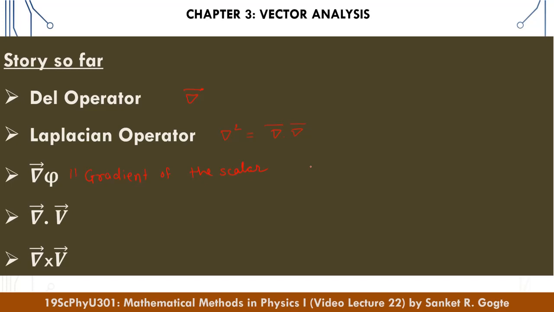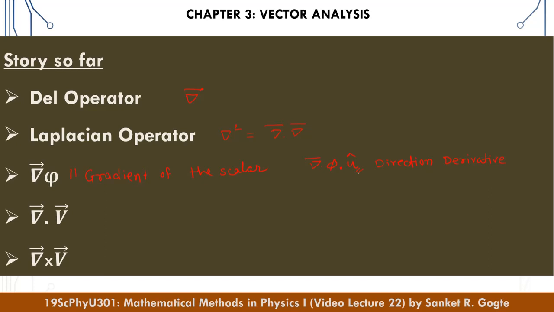Then we also saw that when we take the dot product of the gradient with a unit vector, this quantity is called the directional derivative, and this gives us the rate per unit length of change of scalar phi along the direction given by this unit vector u.